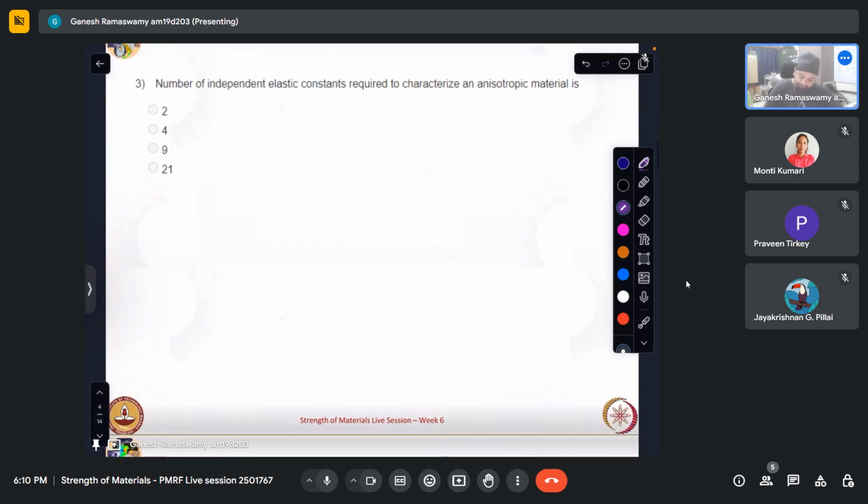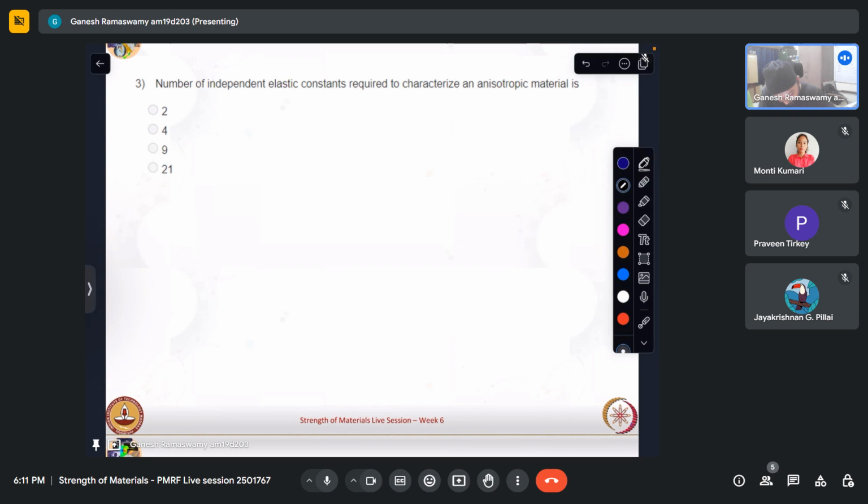Okay. So the question asks: the number of independent elastic constants required to characterize an anisotropic material is which of the following. Now it is discussed in the lecture.